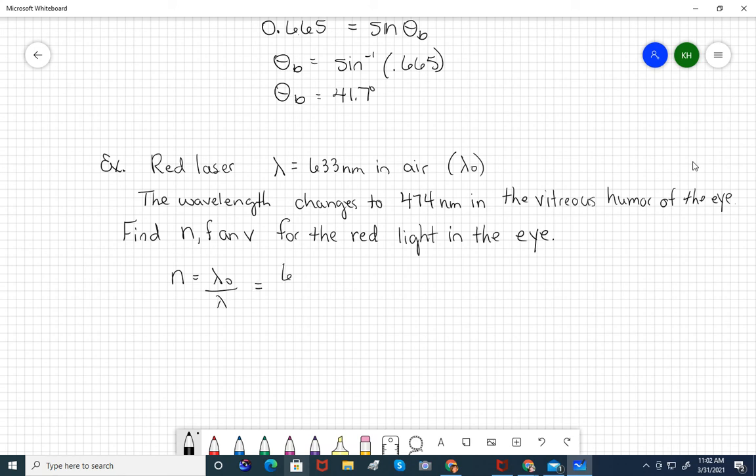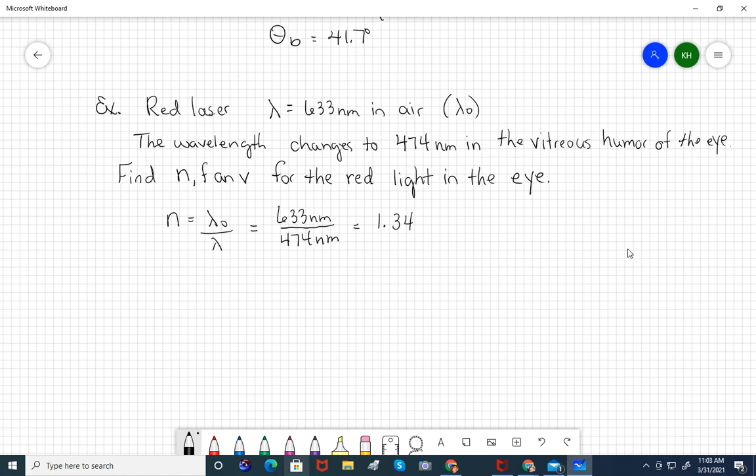So 633 nanometers over 474 nanometers. 633 divided by 474 is 1.34. Notice that's almost identical to the index of refraction of water. That's not terribly surprising.